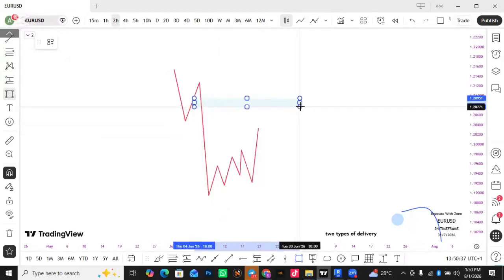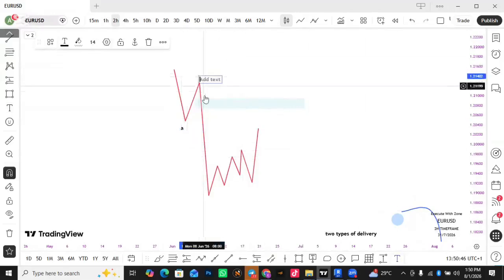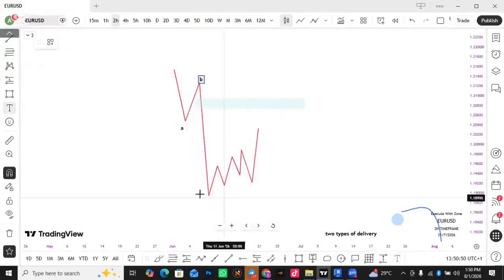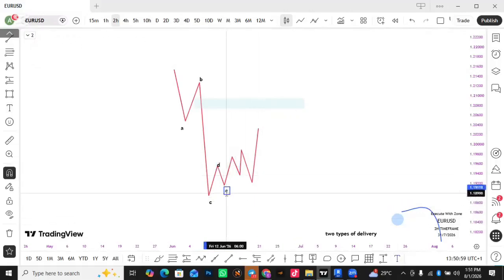I just want to use it to explain something. Just get the idea. So let's say this is point A, this is point B, this is point C, this is point D, this is point E, this is point F, this is point G.